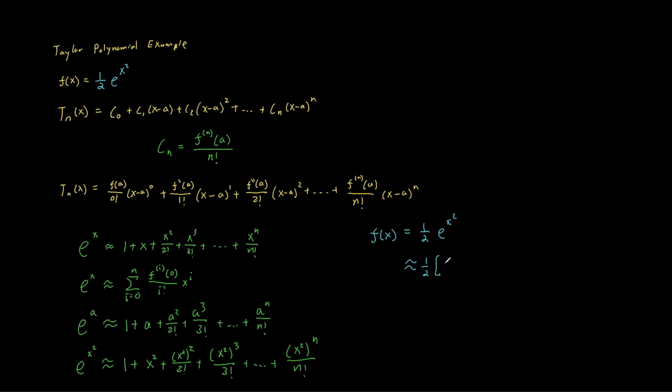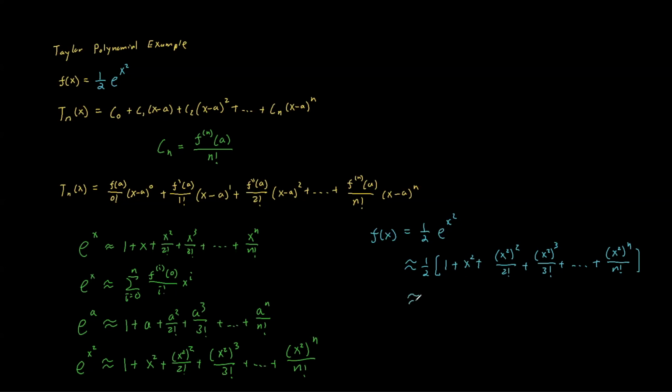So this becomes 1 plus x squared plus, and over here what we have is the quantity x squared, quantity squared all over 2 factorial plus quantity x squared, quantity cubed over 3 factorial. And then we would keep on adding until we get to this arbitrarily large nth term. So this becomes our new situation. And that way we can actually just simplify it.